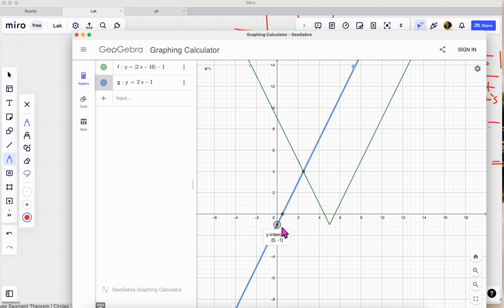So what is this point also? This is negative 1 also. So in order to have 2 solutions, what's your gradient?